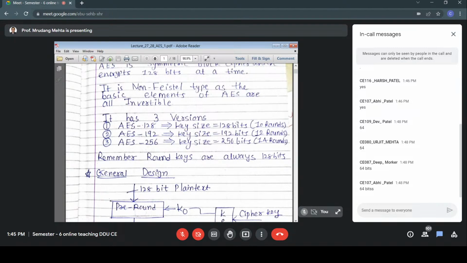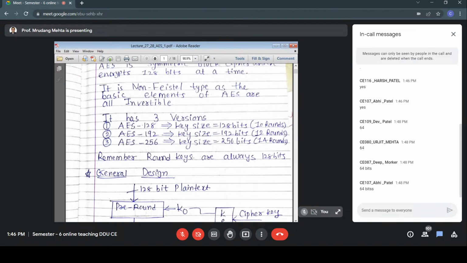Here there are three variations, three different standards, each with a different number of rounds. AES 128 has 10 rounds, AES 192 has 12 rounds, and AES 256 has 14 rounds. So 128, 192, and 256 are actually the key sizes used in each version of this standard.